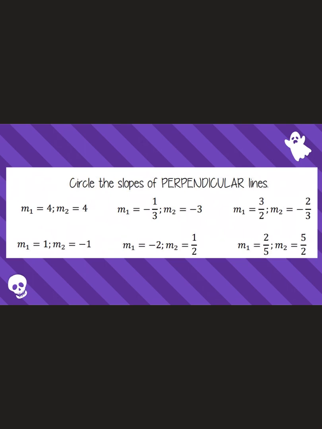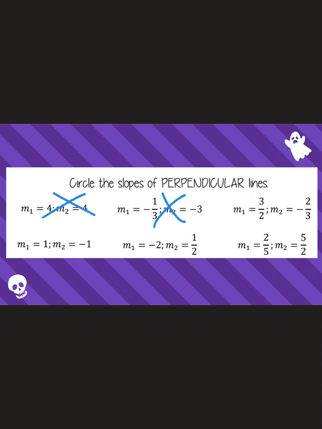All right, let's do this part real fast. We're going to go on the top row, go across, then the second row, go across. Is the first one perpendicular? No. How about the next one? No. Did it flip and switch the sign? They're both negative, so no. How about 3 over 2 and negative 2/3? Did it flip and switch?